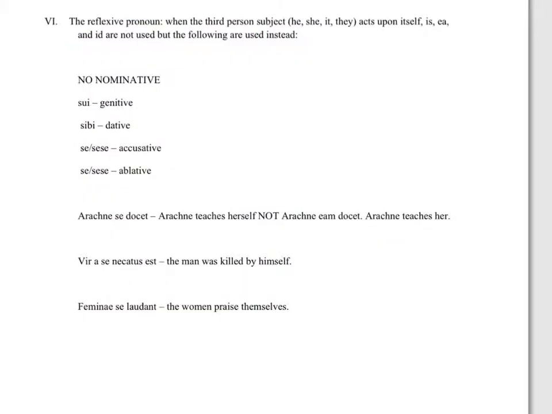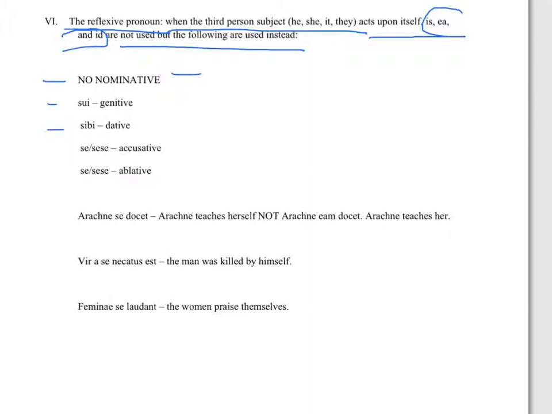One more relatively simple point, it's the use of the so-called reflexive pronoun. Reflexive means it turns back upon itself. When you're using the third person subject he, she, or it, and the he, she, or it acts upon itself, you do not use is, ea, and id. But instead you use the following forms. There's no nominative.